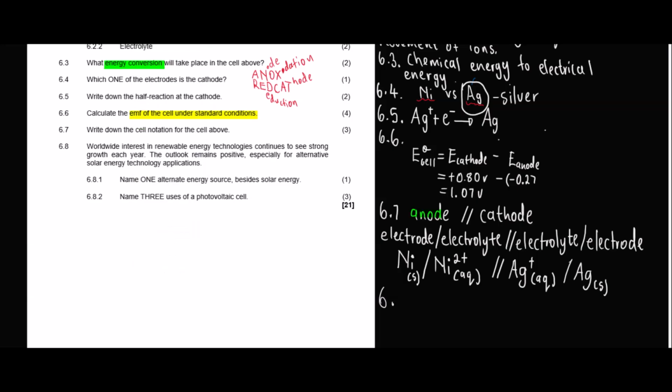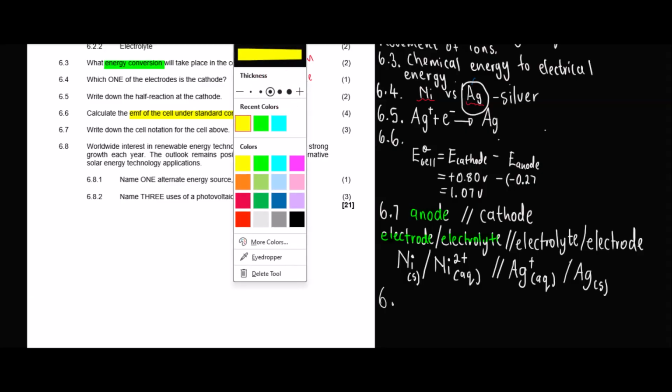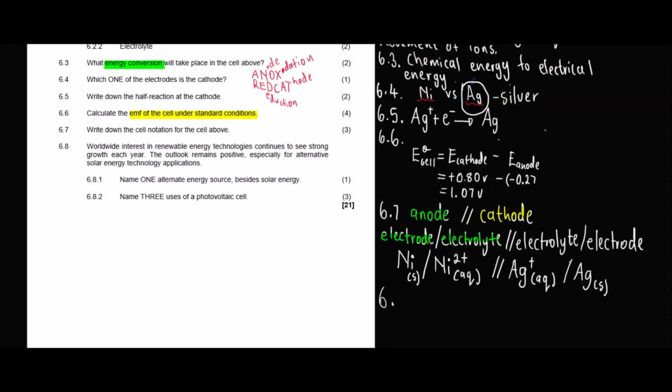We've answered the question. So if we quickly look at what we did here, we identify which one is the anode, then we put in the electrode, then the electrolyte. Then we identify the cathode and write the electrolyte and the electrode.